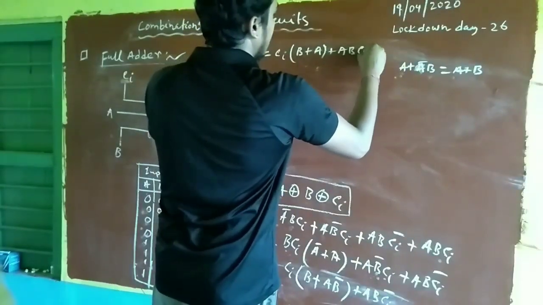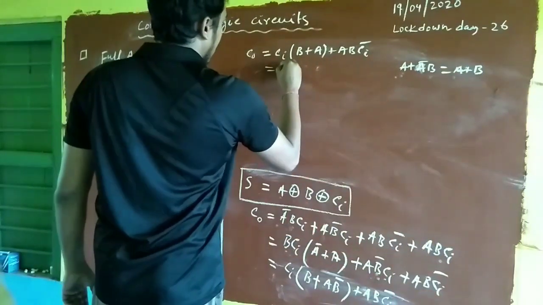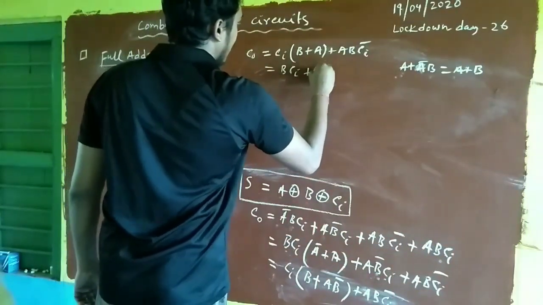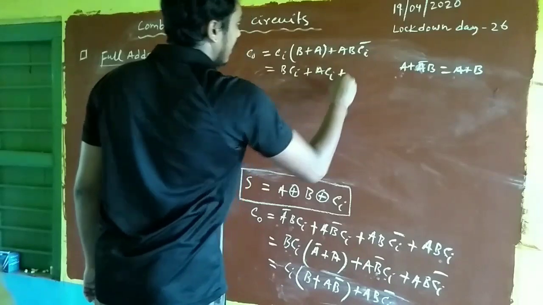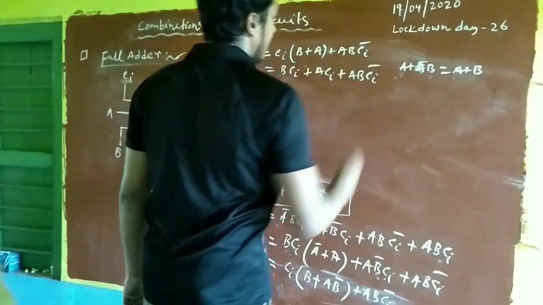Multiplying this out: B Ci plus A Ci plus A B Ci bar.